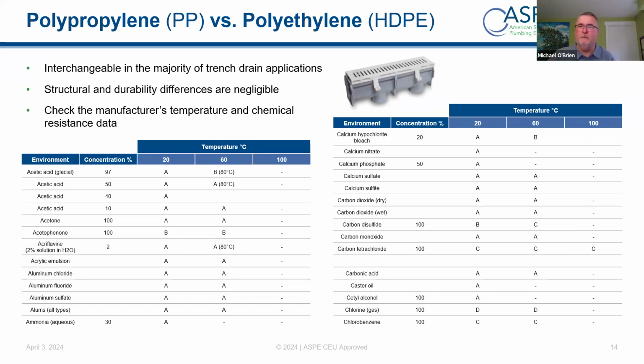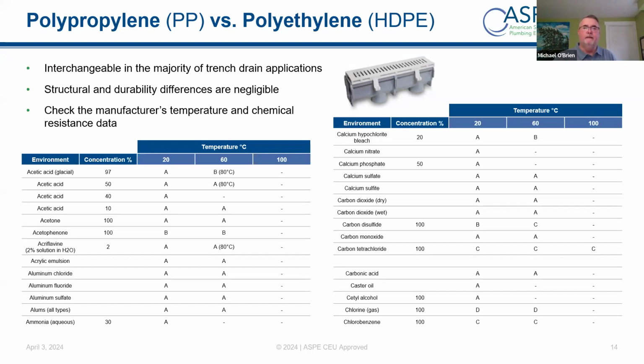Typically, a pool doesn't have a high concentration of chlorine in it, and so it's less affected than, say, in the chemical room where they're storing the sodium hypochlorite that they use in a lot of pool applications.